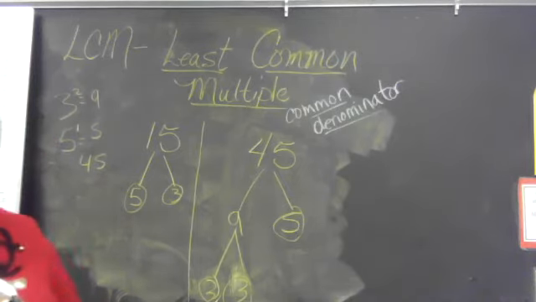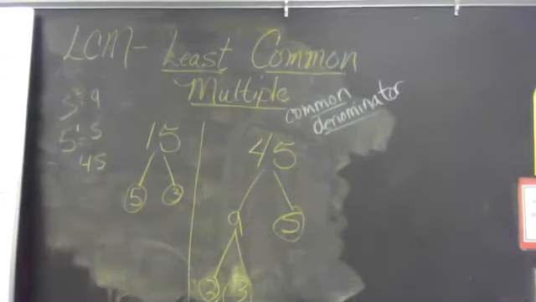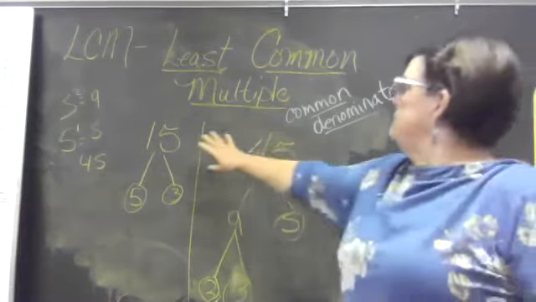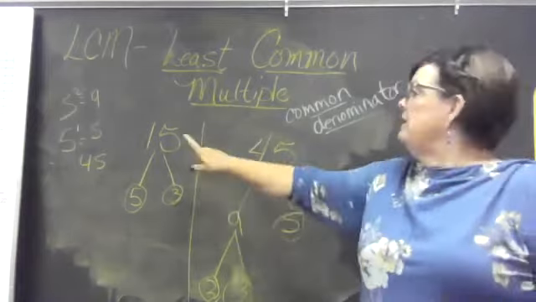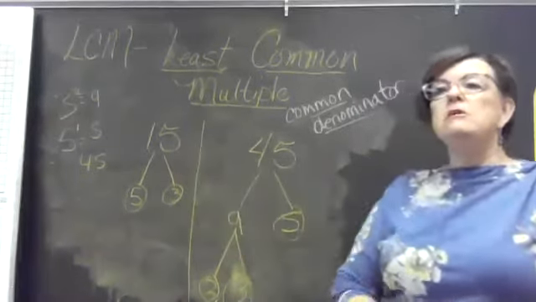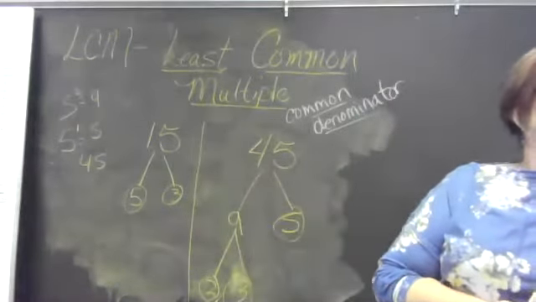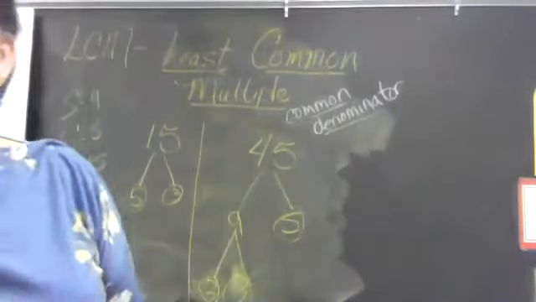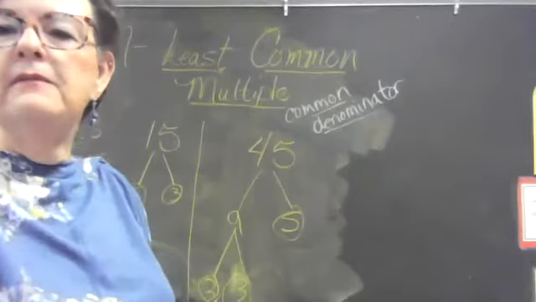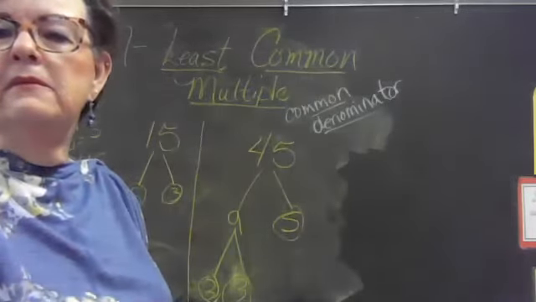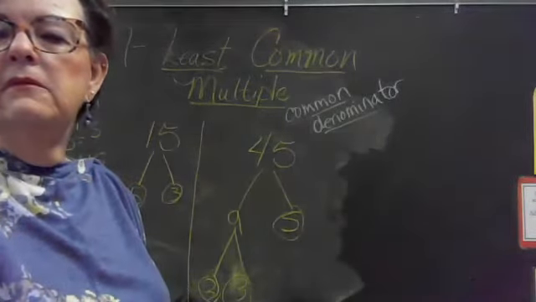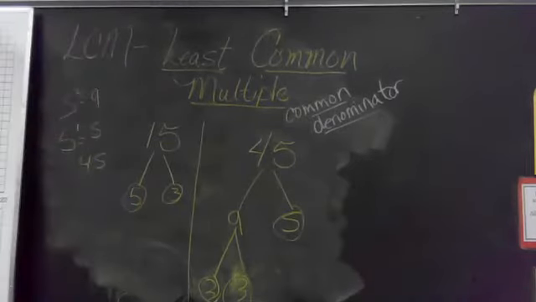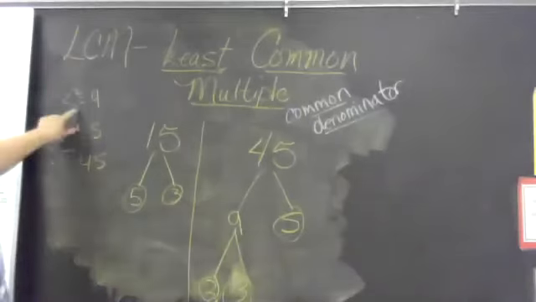So see, the least common multiple can be one of the numbers, but it can't ever be lower than the lowest number. Okay, so she says it's 2 3s, right? Said 3 to the second.